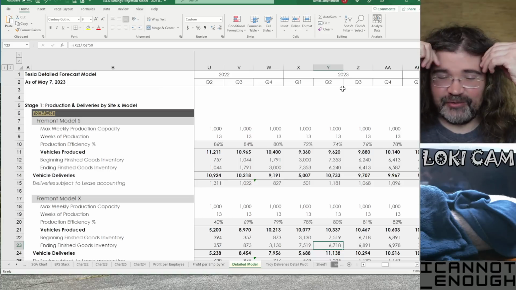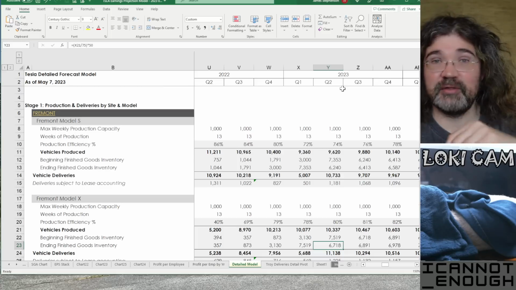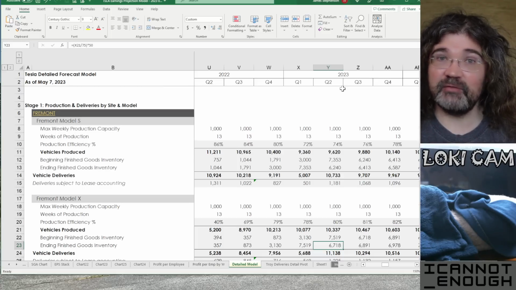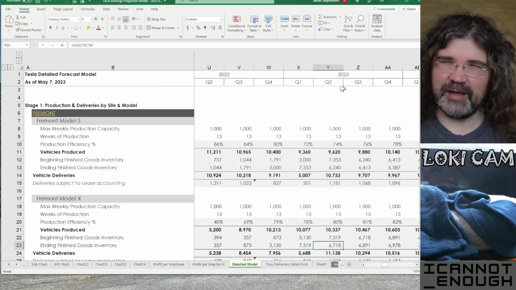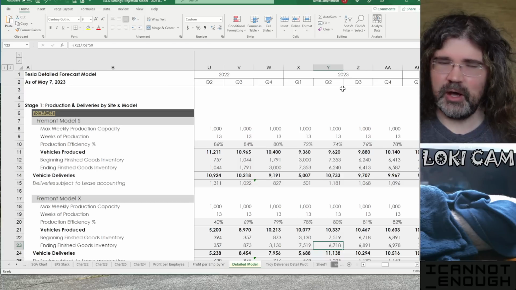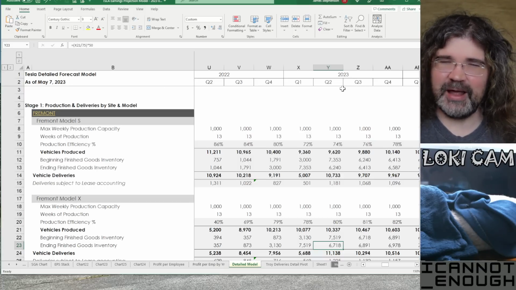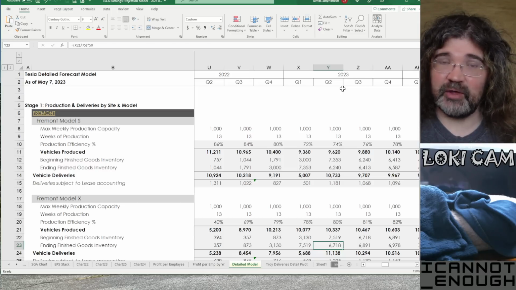You're probably likelier to sell them an S or an X if you have one available for them to test drive than if you aren't, and you're probably likelier to sell them an S or an X if you have one on the lot available to sell them. So is it bad to have finished goods inventory that isn't goods in transit? No, you need some of that so that you have test drive vehicles available, and for those buyers who want to be able to walk in and walk out with a vehicle the same day.